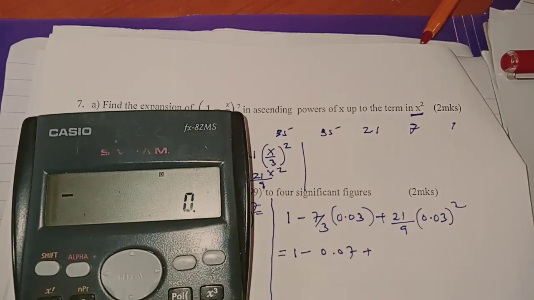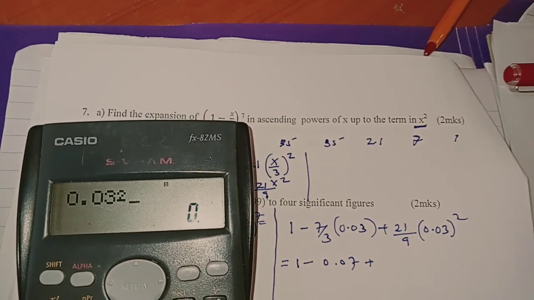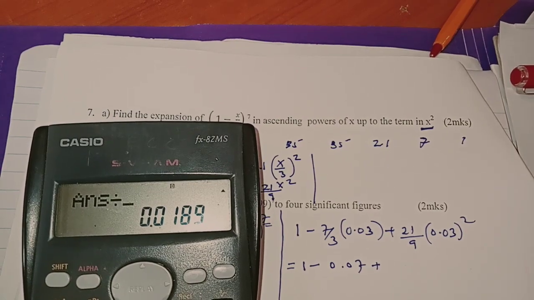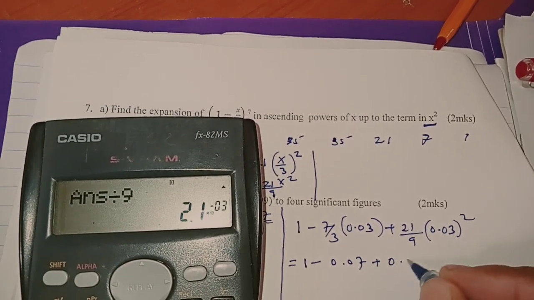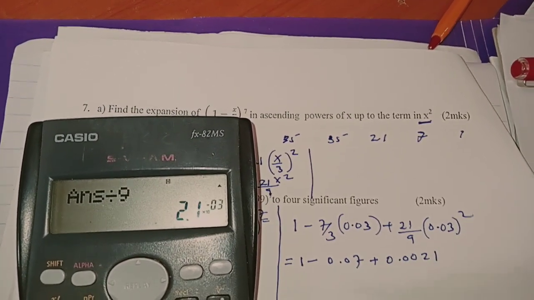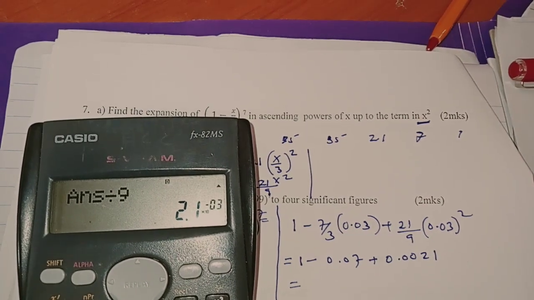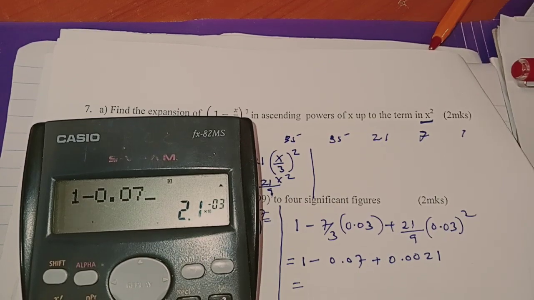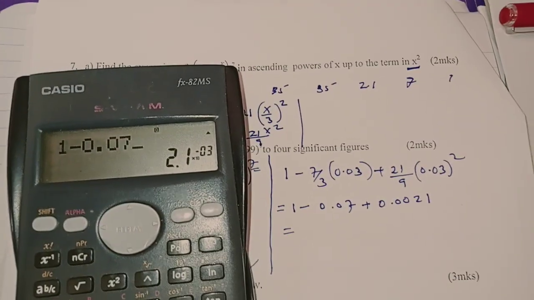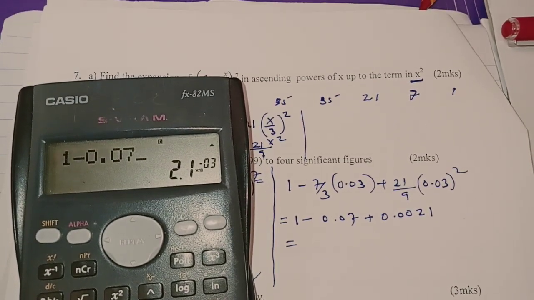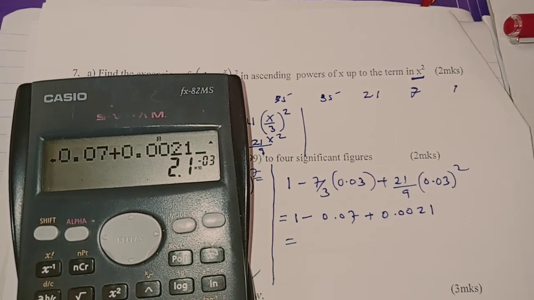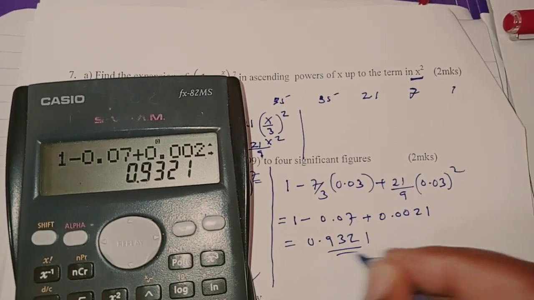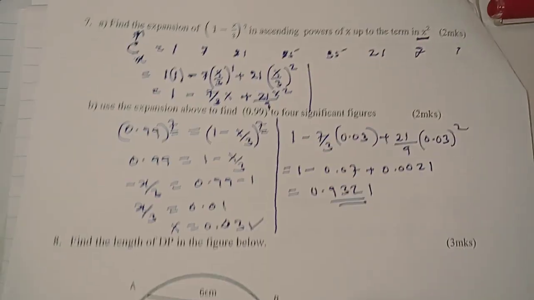Then we square 0.03 first, then times 21, and then divide by 9. That gives us 0.0021. So when you simplify, we get 1 minus 0.07, then we also add 0.0021, and we get 0.9321. That's the answer to that part.